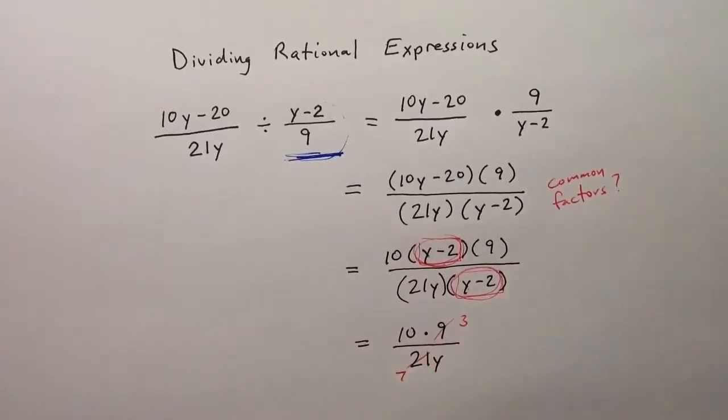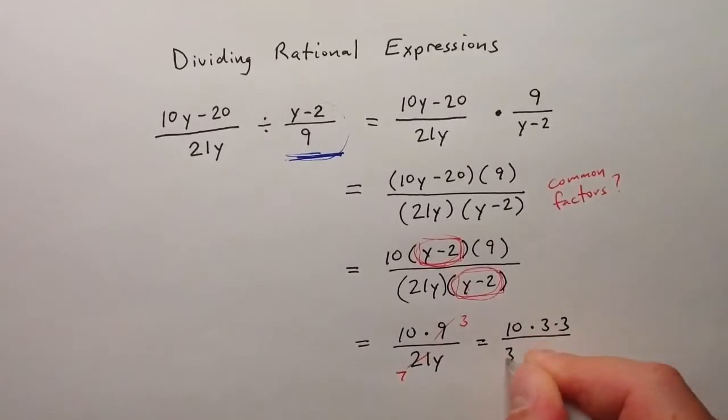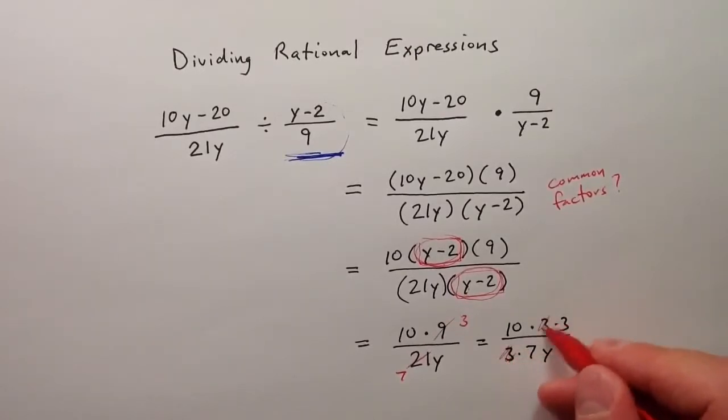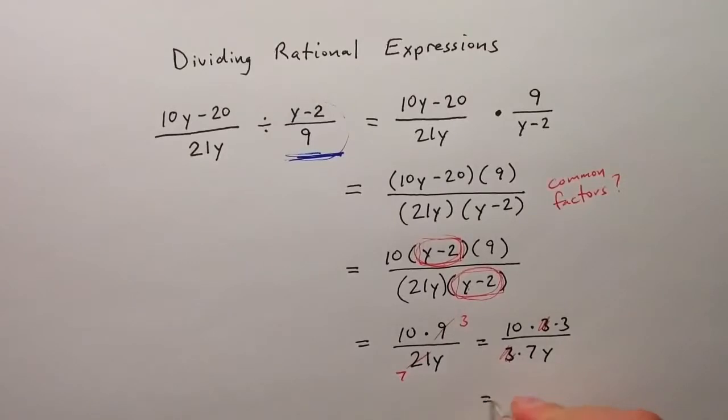So canceling that 3, I could write that out to see it a little more carefully. This is 10 times 3 times 3 divided by 3 times 7 times y. And so this 3 down here cancels with one of the 3's up top. And our final answer then becomes 30 divided by 7y.